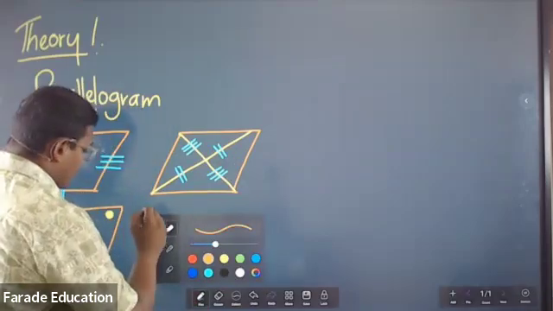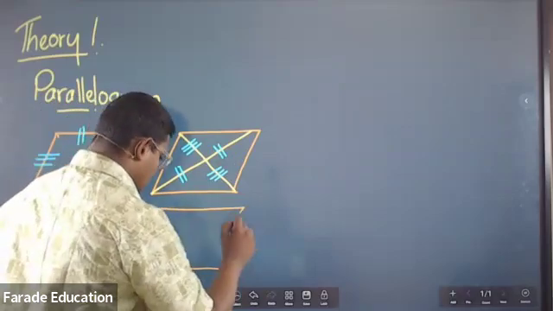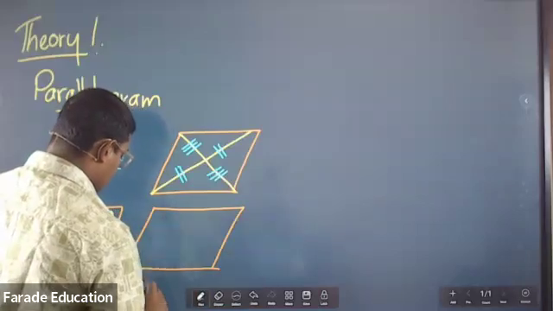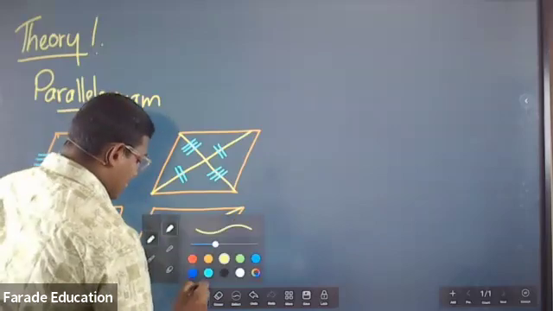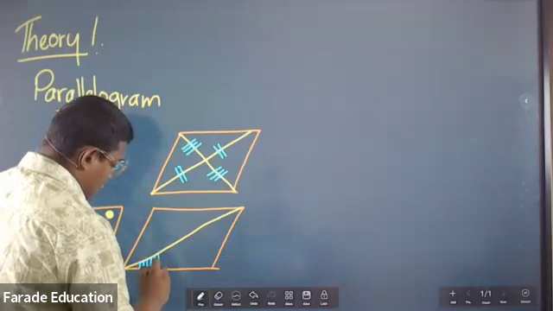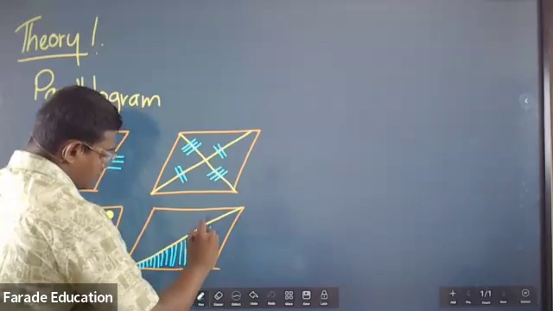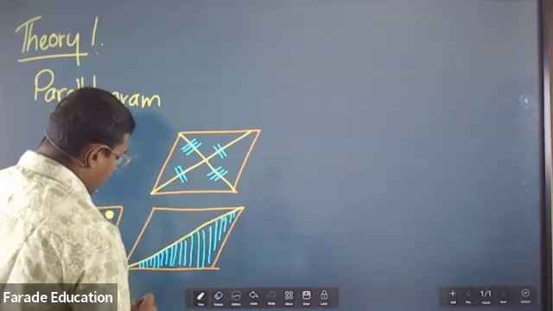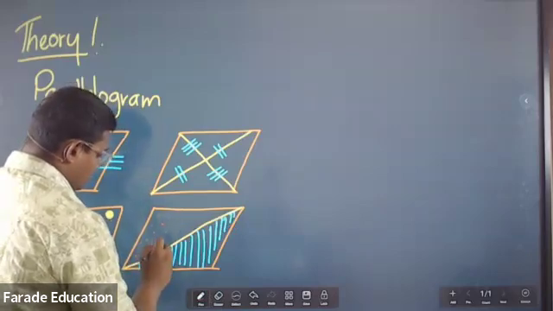The fourth one is the diagonal bisects the area. That means the area of the region in blue lines is equal to the area of the region in these red dots.